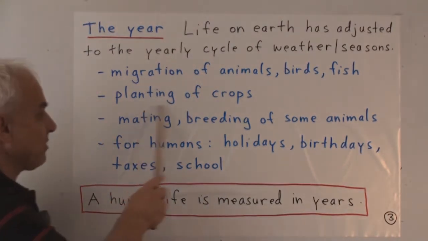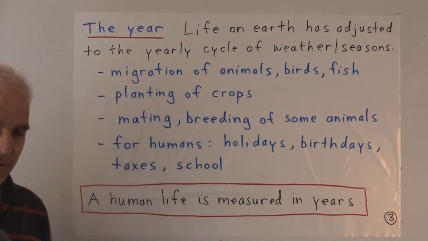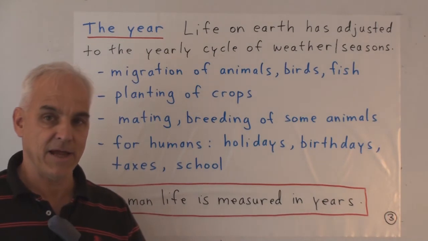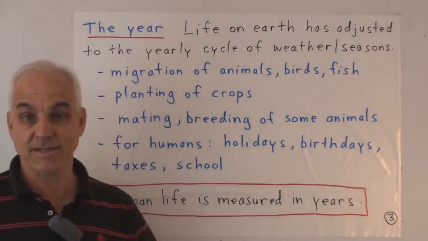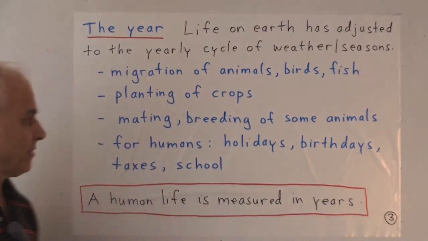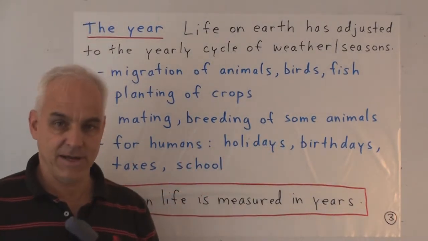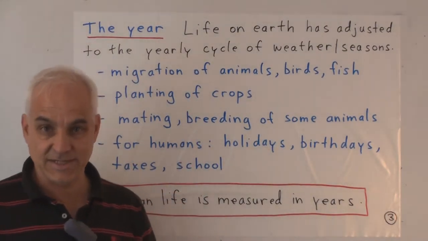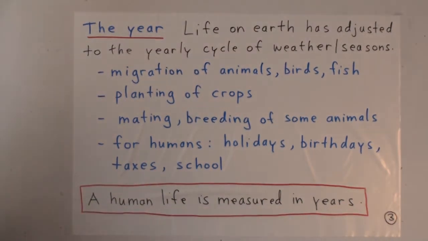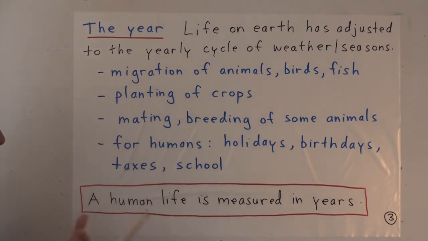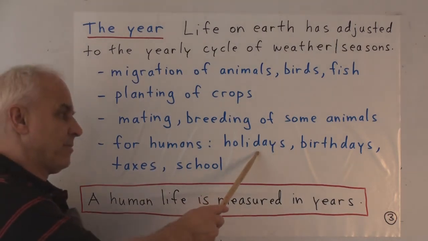In terms of human beings, the planting of crops is very closely regulated and connected with the seasons, of course. The mating and breeding of some animals is closely linked to the seasons and the time of year. And for us, humans, we recognize that there is a yearly aspect to holidays.